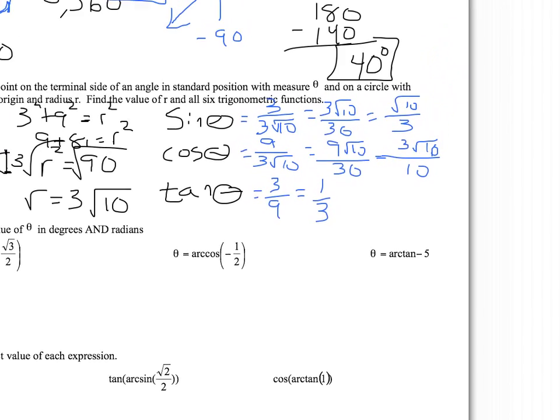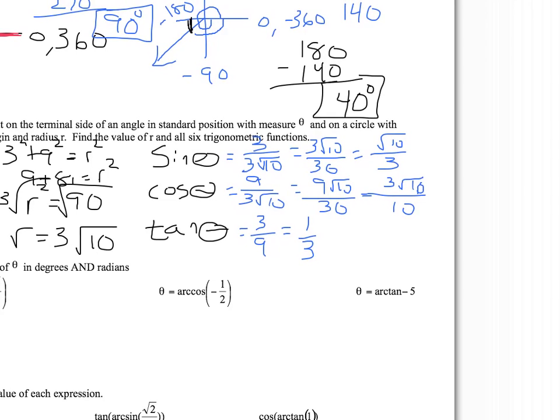Move over a little bit. We have to find the reciprocals. The reciprocals, flip your fractions. So cosecant theta, I'm going to flip my sine fraction. I'm going to actually flip the very first one, that's the easiest, to 3 radical 10 over 3, and then reduce that to just radical 10.